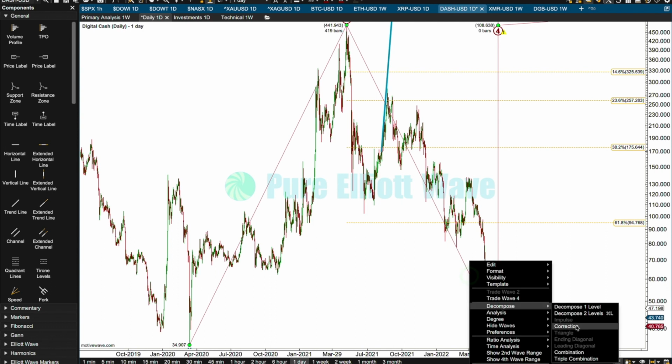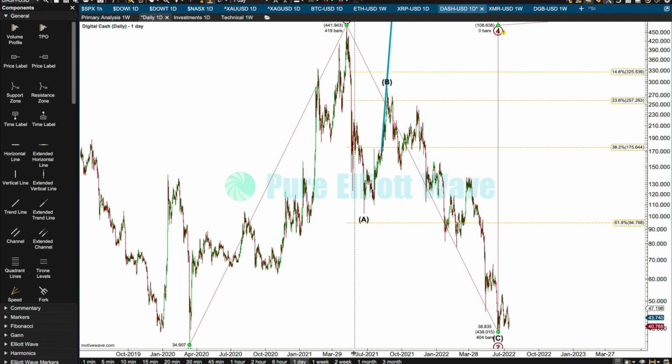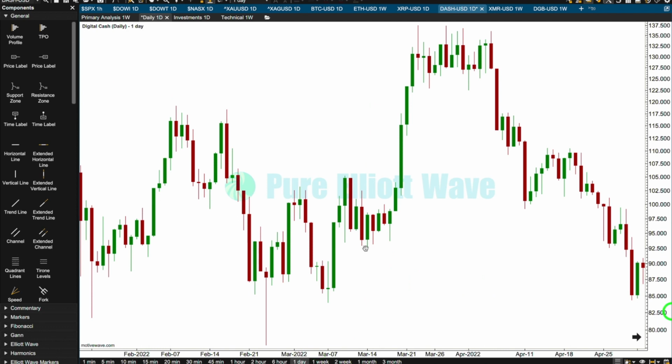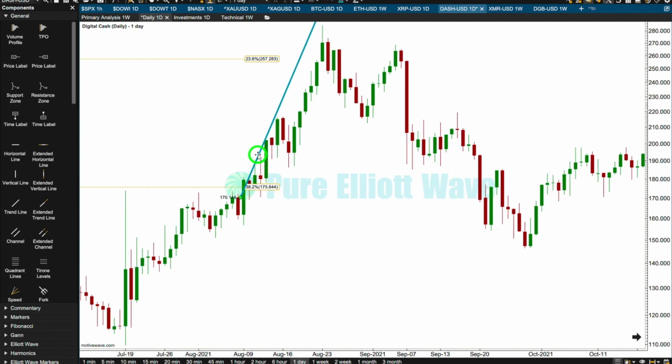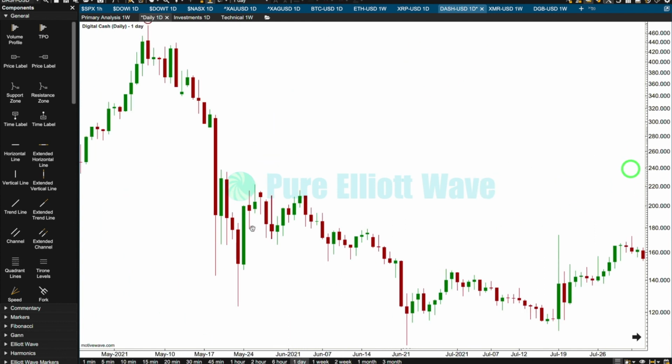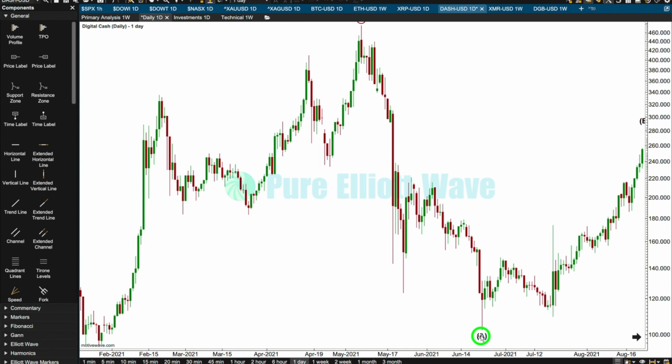It looks like it could be a zigzag. Let's have a quick look at A. I don't want to spend too much time on A to see if it subdivides as a 5. I'm just going to get rid of this, it's cluttering up the page. Is that going to subdivide as a 5? Yeah, probably.